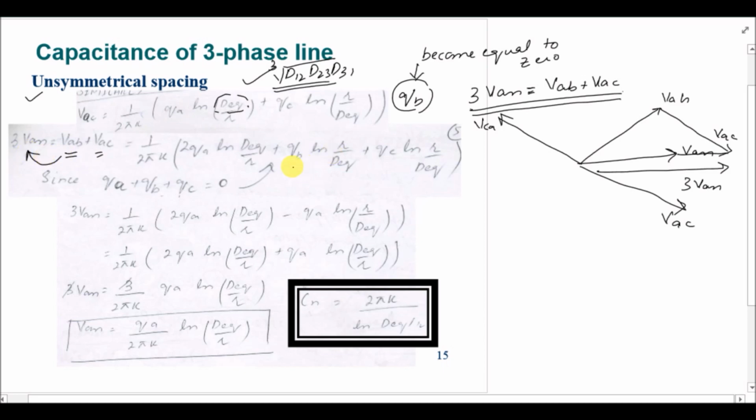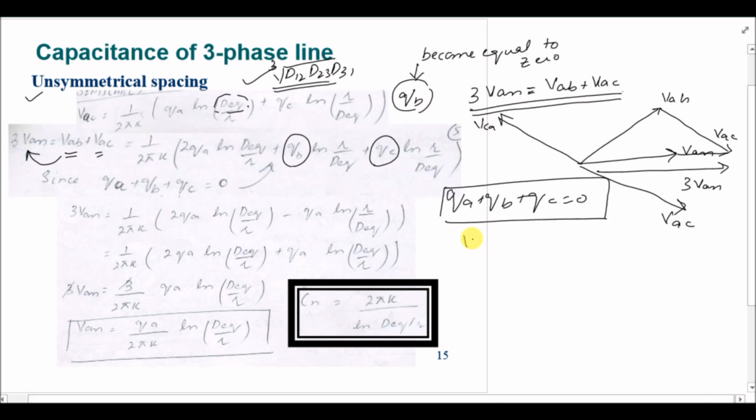So to replace QB and QC with some other charge value, we know that QA plus QB plus QC is equal to 0, because now we are considering that the line is symmetrical, or it is a balanced system. So in a balanced system, the summation of voltages is equal to 0, the summation of currents is equal to 0, and the summation of charges is equal to 0.